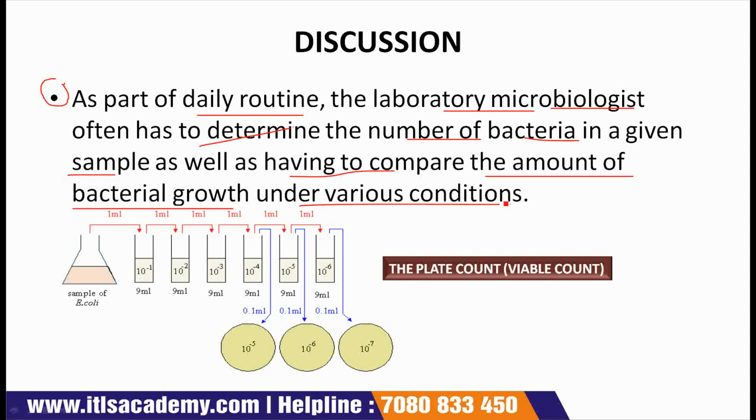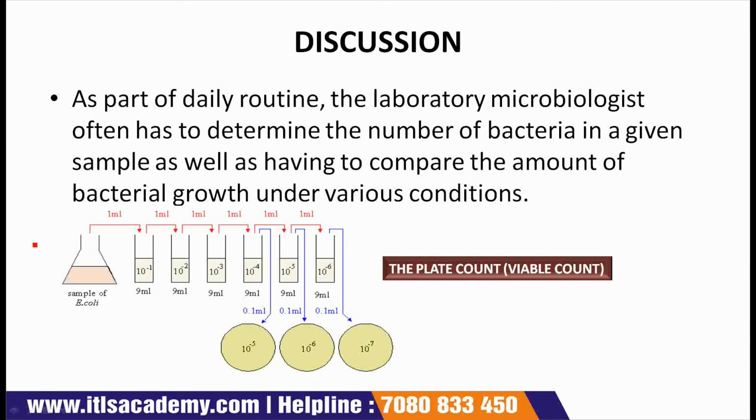We can say that enumeration of microorganisms is especially important in dairy microbiology, food microbiology, and water microbiology. Also, the number of colonies can be used as a measure of the number of viable cells, or we can say a measure of the number of living cells in that particular known dilution.